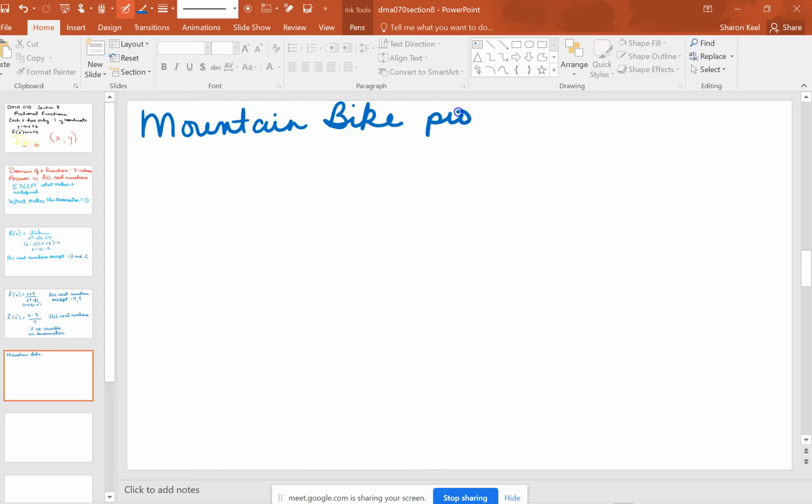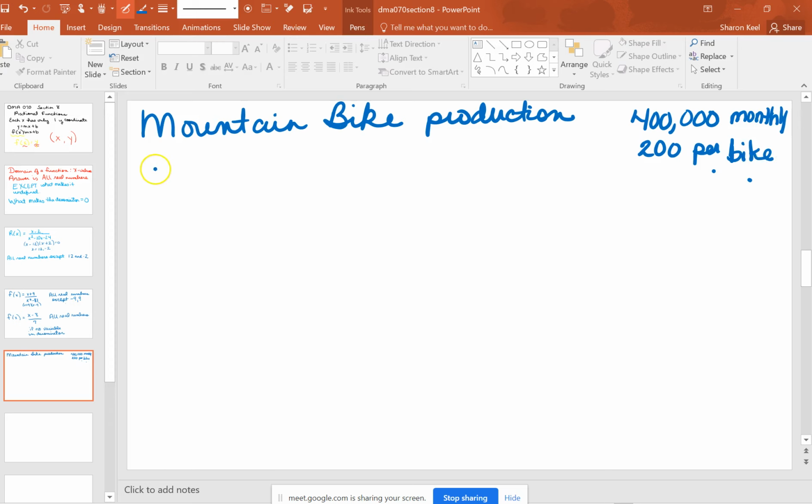For the mountain bike production, you're told in the problem, let's say, that it costs $400,000 monthly for the overhead cost to run the business, and then they may say it costs $200 in parts for each bicycle. So when you're asked to write the cost function, C of x, there's always the $400,000 a month, and then it would be $200 per bicycle.